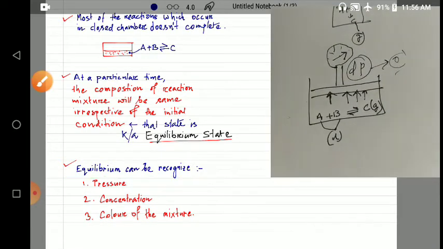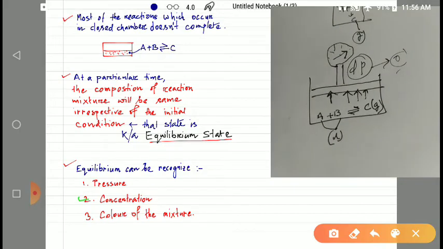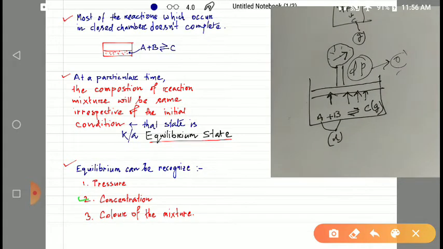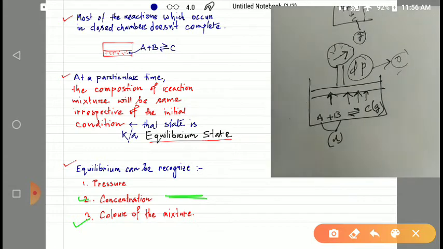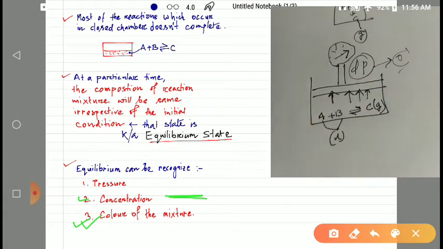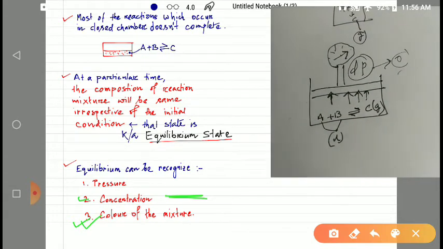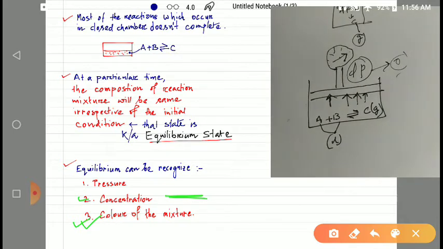Similarly, we can calculate the concentration if the reaction is in the liquid state, and the color of the mixture. In some cases we can also observe a color change. At equilibrium, no color change will be observed.